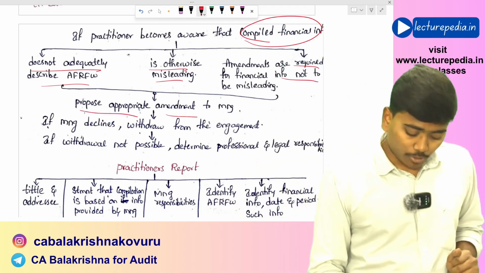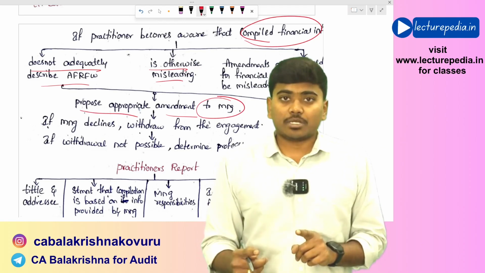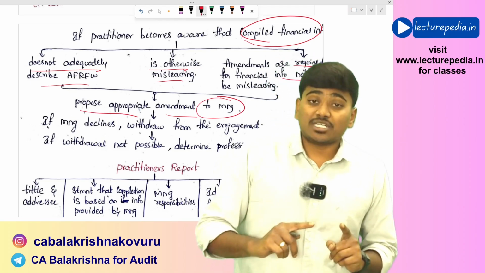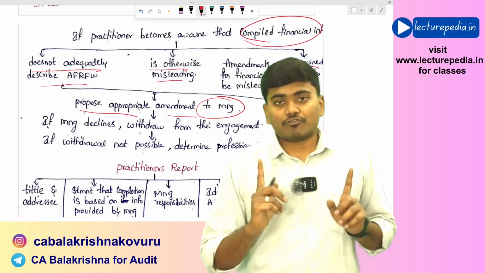Propose the appropriate amendment to the management. If management agrees to the amendment, then it is okay. If management refuses the amendment, then the practitioner has to again withdraw from the engagement.